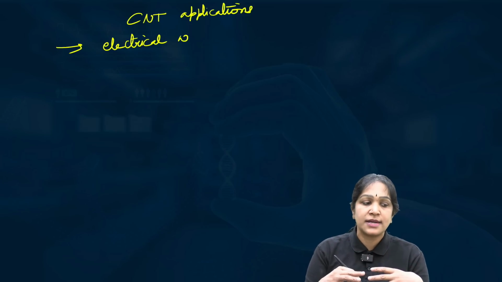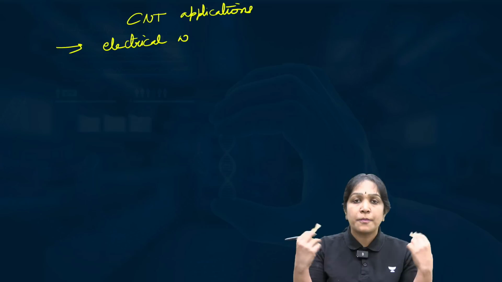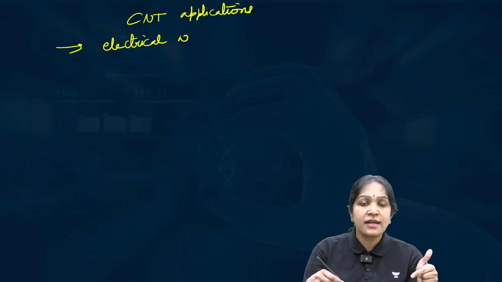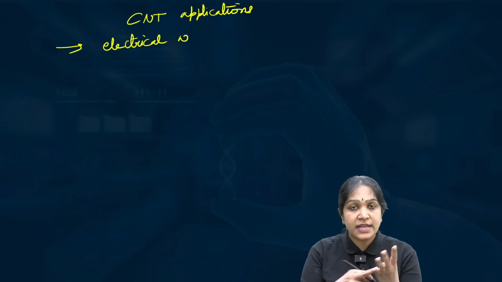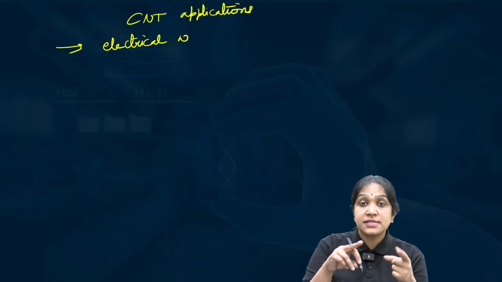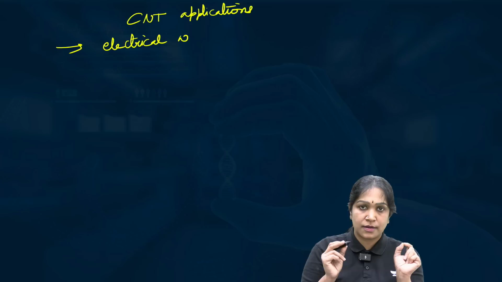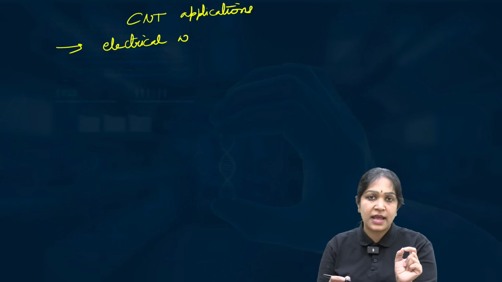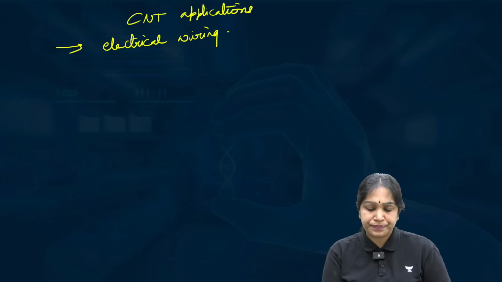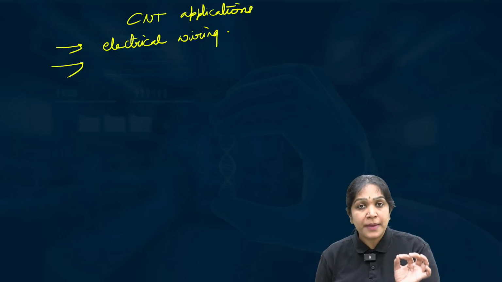So there is a chance that the electrical wires can be broken and we need a lot of maintenance. So if you take carbon nanotubes, their conductivity is more than copper and their strength is greater than steel. So we can use carbon nanotubes in electrical wiring.